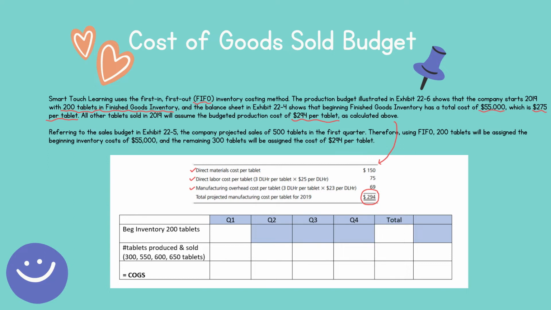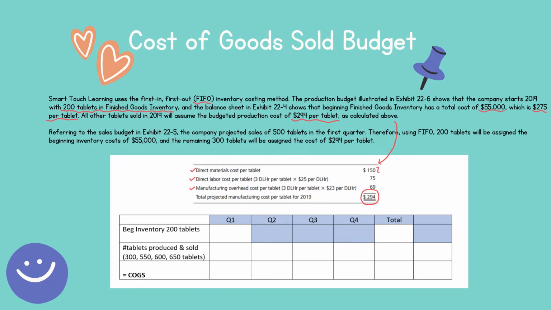For direct labor cost per tablet, it's gonna be $25 per hour, and he said that I need 3 hours to make one tablet. So we're gonna multiply $25 with 3 to get the 75. Now for the manufacturing overhead, I'm gonna multiply the rate that we calculated, which is 23, by 3 hours, because I need 3 direct labor hours to make one unit, so I'm gonna get 69.